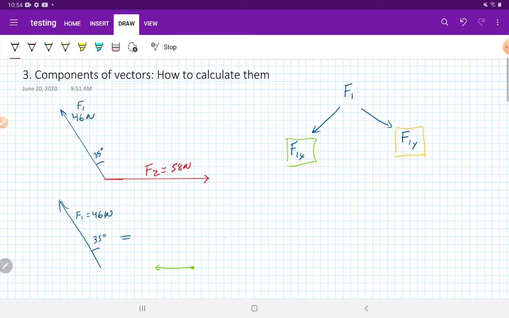And a force 1 in the y direction, and that will start somehow here and it'll go up. Okay, F1y and F1x. So I am breaking this apart into two pieces, and these two pieces combined are actually the same thing as this one thing.